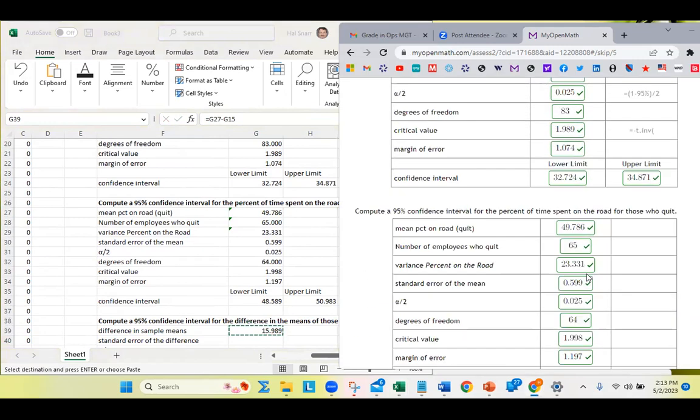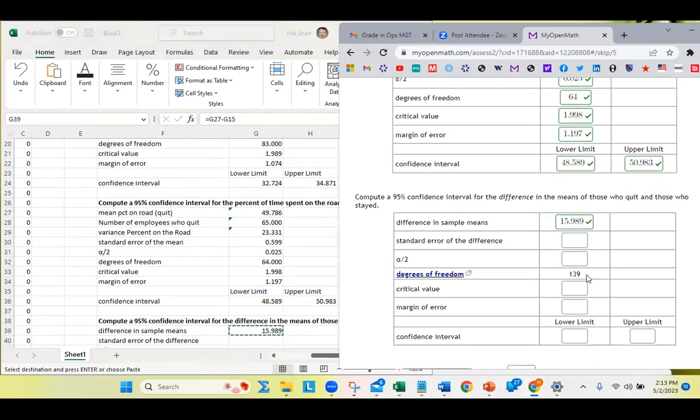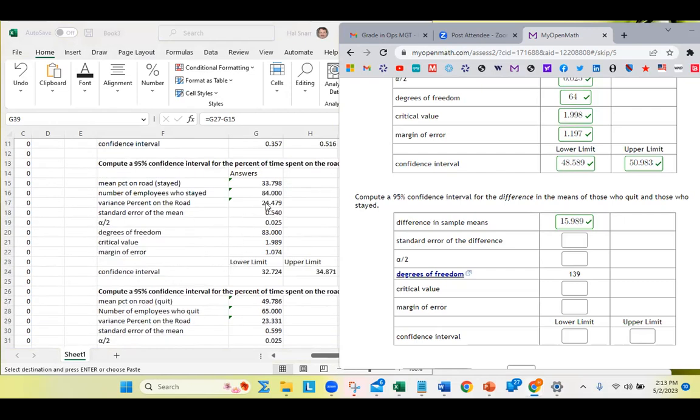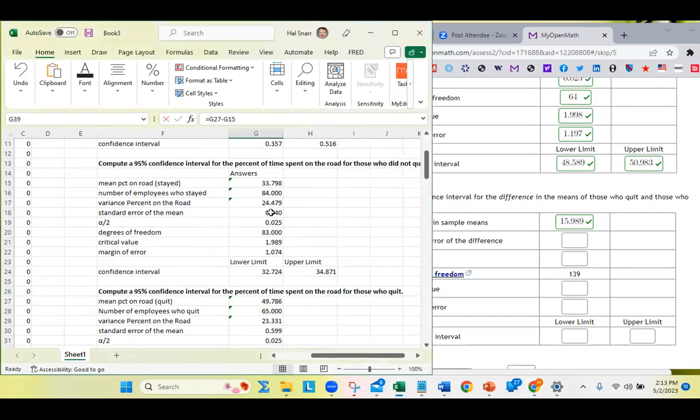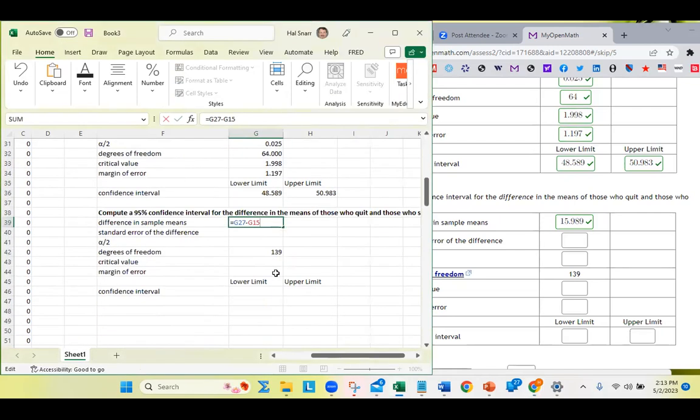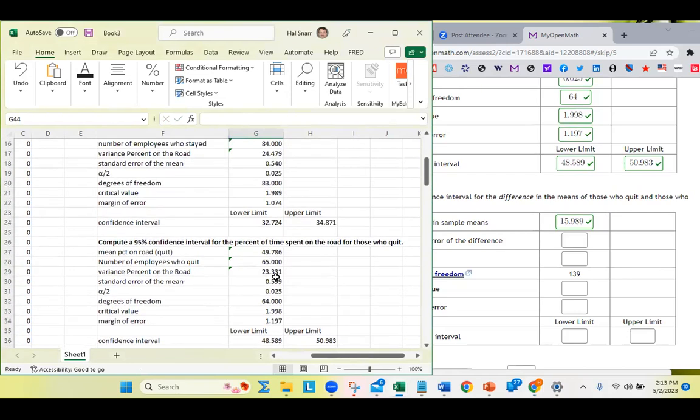I'm going to check to make sure that answer is correct. All right. So you got the difference in sample means. Now I'm going to come up here to variance, to the standard error of the mean.